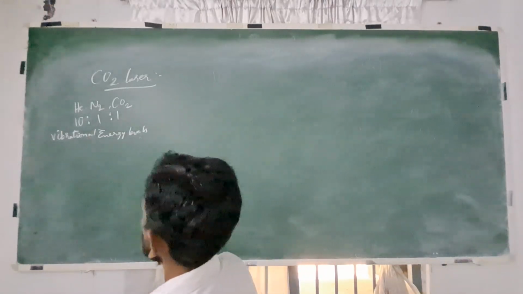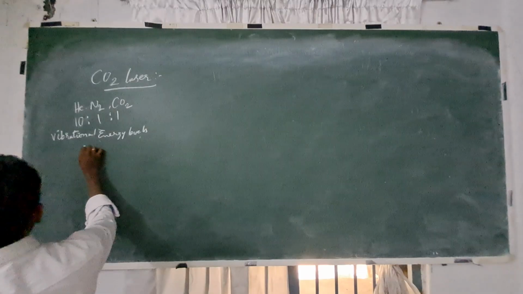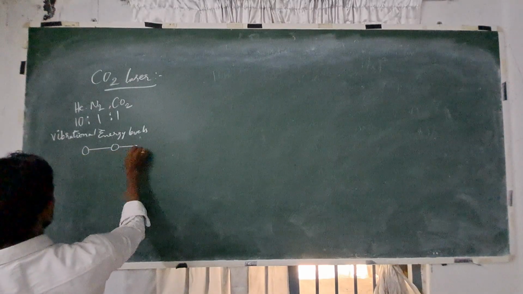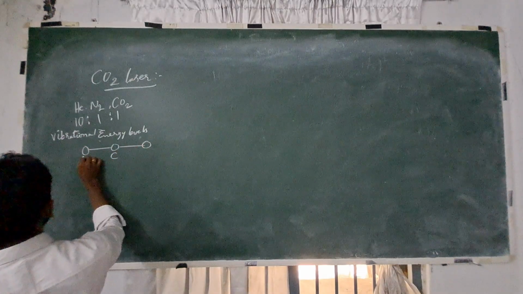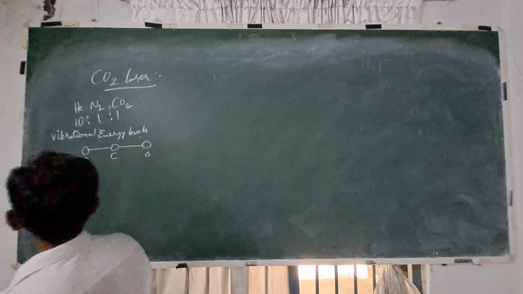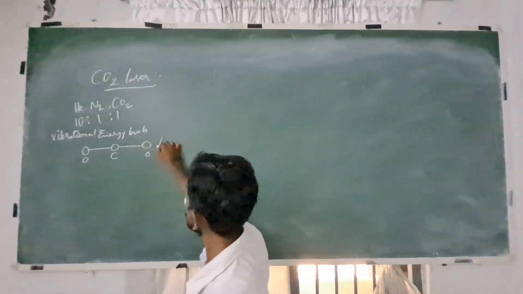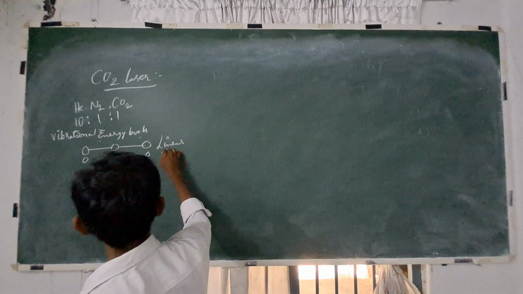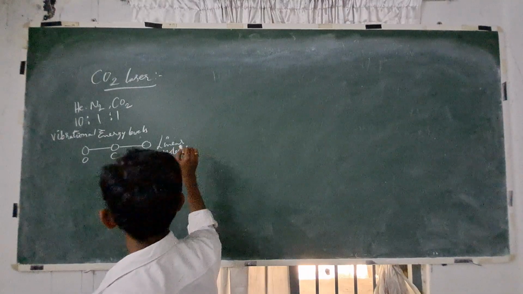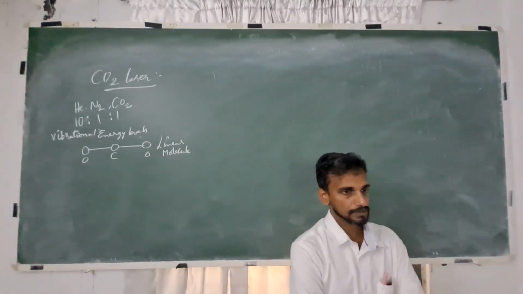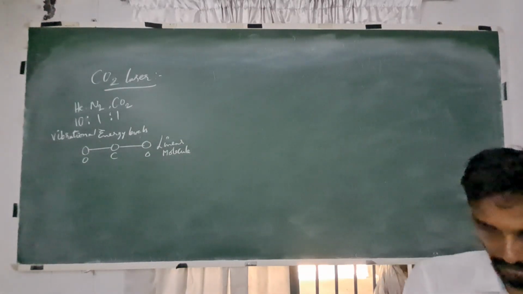Okay. So the carbon dioxide molecule is a linear molecule, with three atoms connected in a linear format.